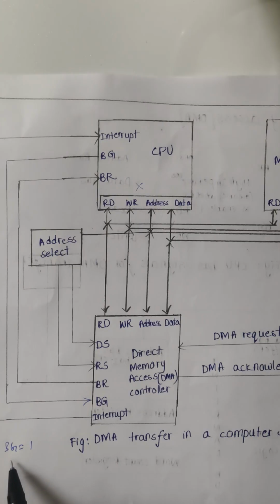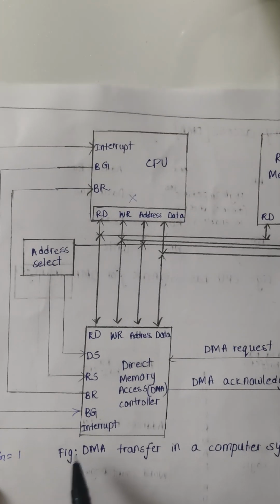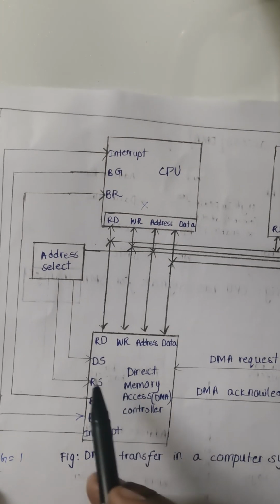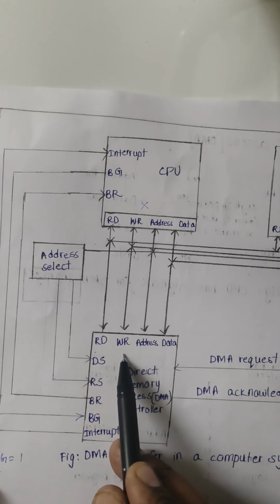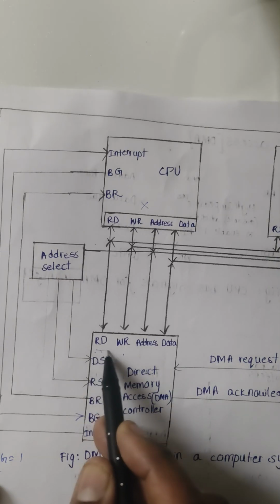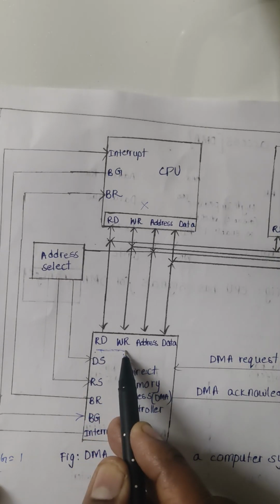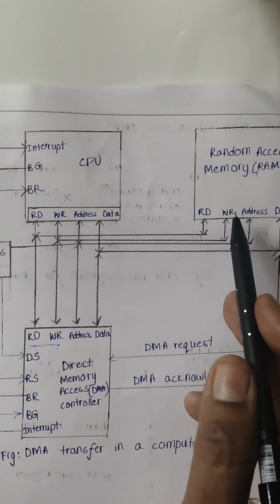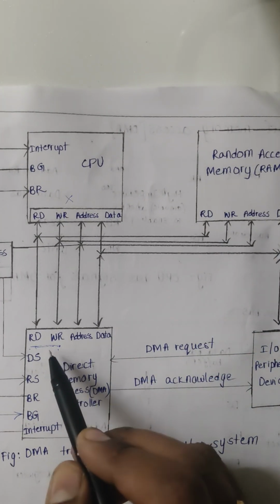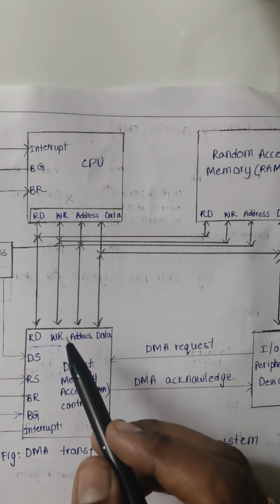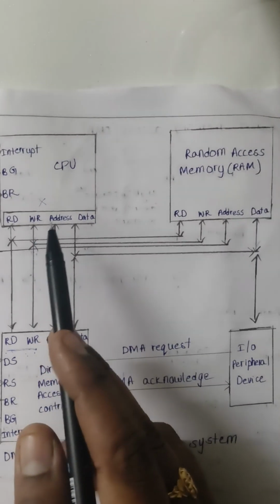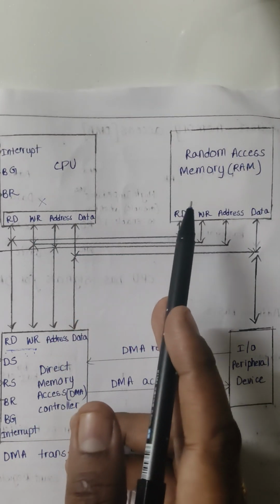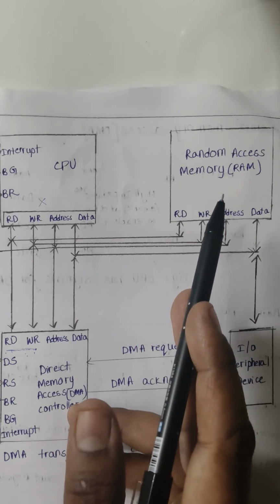Whenever BG is equal to 1, the DMA has the read line and write line, and these read line and write line become output lines to the random access memory. They behave like output lines and specify either a read operation or a write operation for the data.